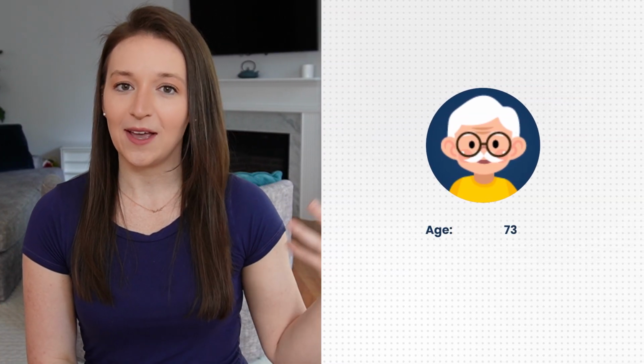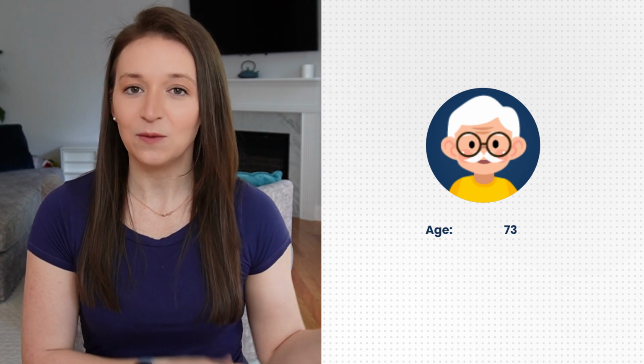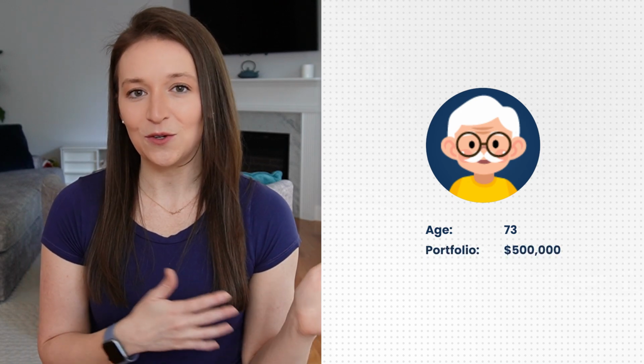Let's run a hypothetical example of someone who is 73 and has a portfolio that, as of December 31st of last year, was $500,000. We'll assume that their portfolio grows at an annual rate of 8% per year. Let's see how it plays out, whether we're using RMD life expectancy factors or the 4% rule. And since the rule of 4% factors in inflation, we'll assume that long-term inflation is 2.5%.